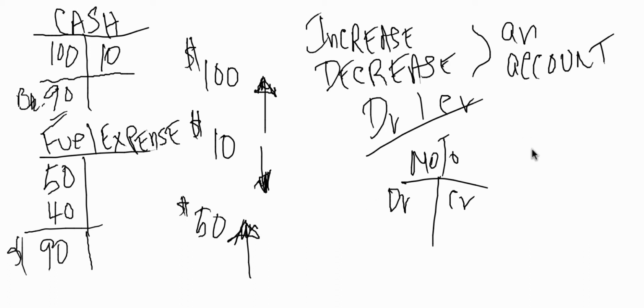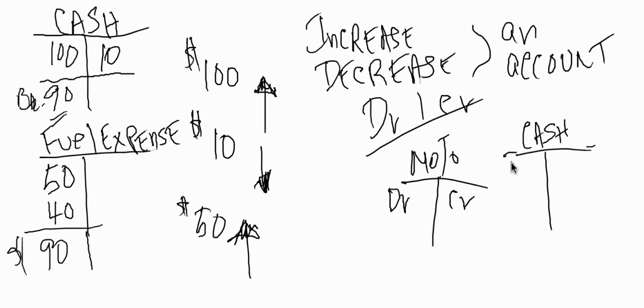Well, we did kind of, but let's see if we can come up with another decrease a little better. Okay, so let's take a look at cash. All right, let's be more specific, since that's kind of obvious. Let's be more specific with the cash account.